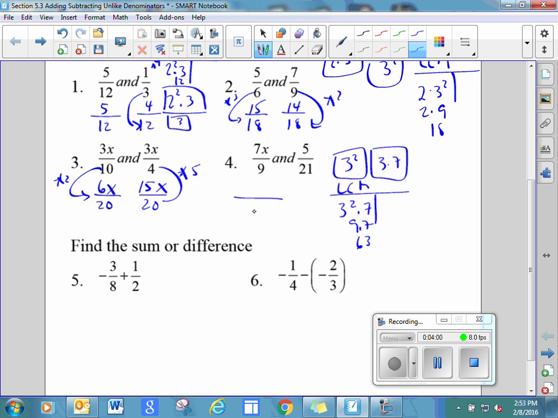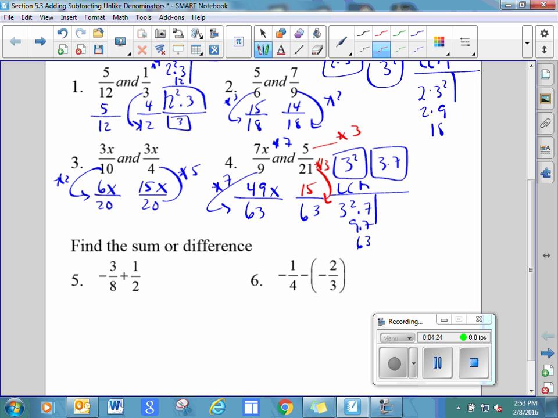That's the LCD, lowest common denominator. 63, 9 times 7 is 63, so 7x times 7, which is 49x. And our last one is 21 times 3, so we have to multiply the 5 times 3 and get 15 for the numerator.